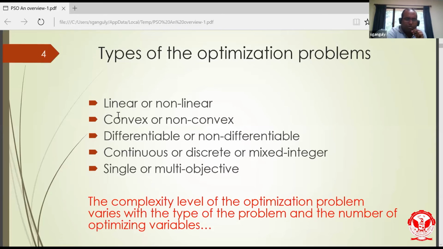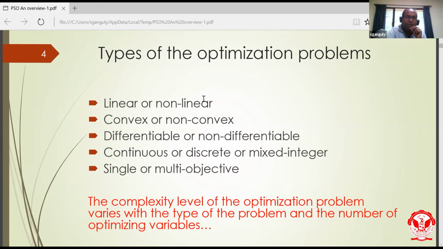But if your problem is linear, then the advantage is that we have some well defined optimization approaches which we can use in order to find the optimal results.